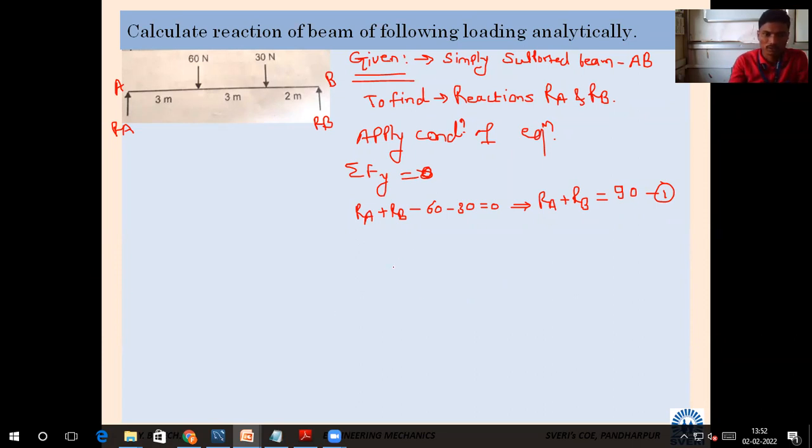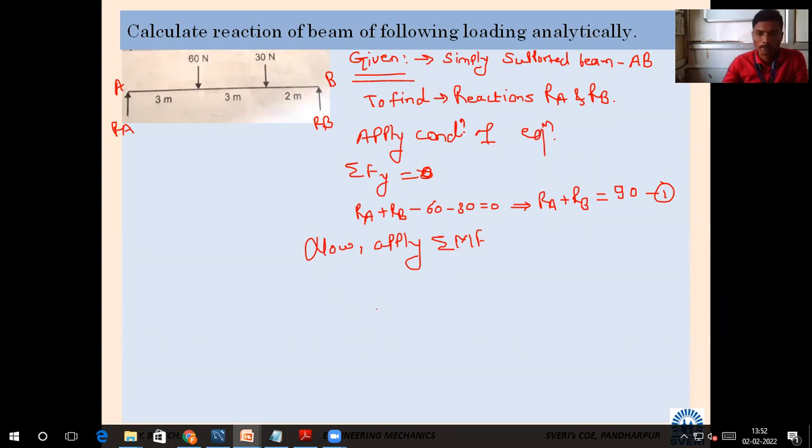Now apply the summation of moment due to all forces. At what point are we supposed to take moments, in between, at point A or at point B?